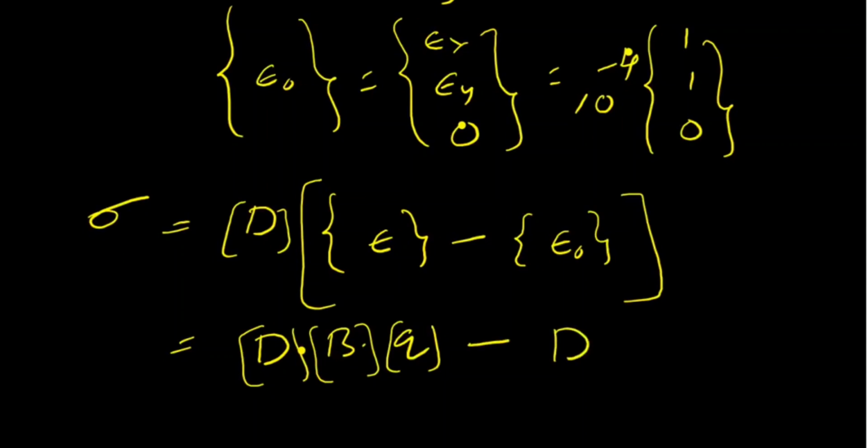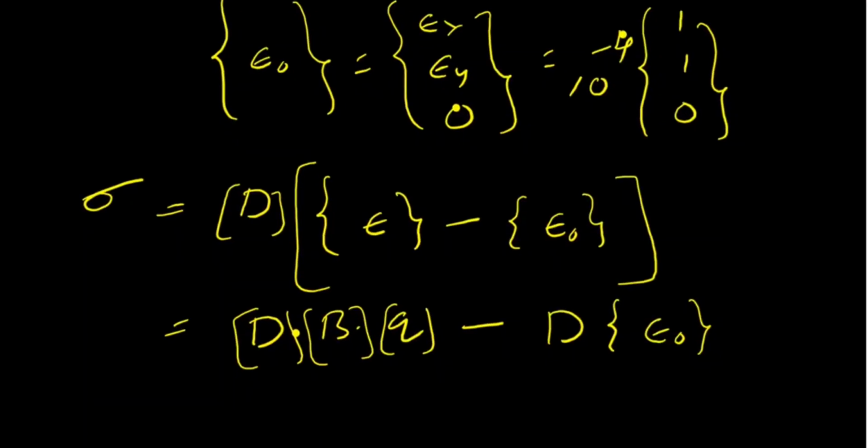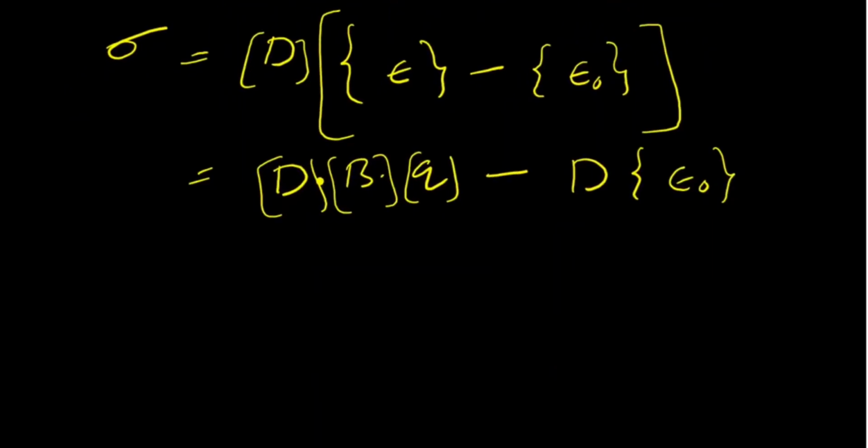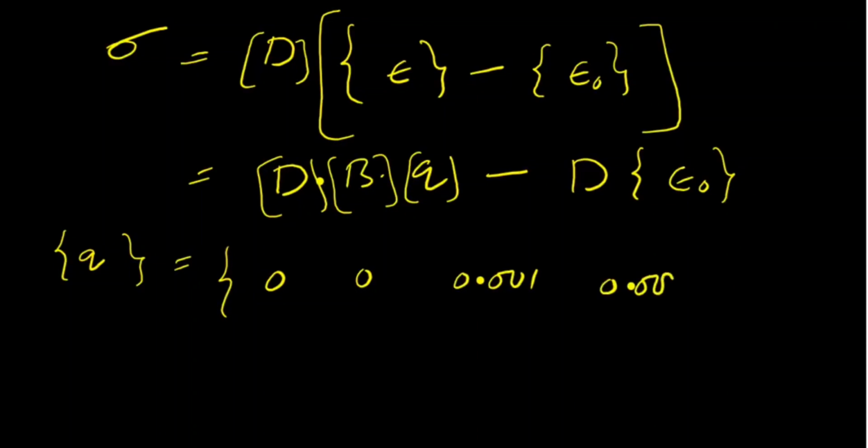Now you just substitute what D, B and Q are. Q is in the question, but anyhow I will write it. Q is the displacement vector, Q1, Q2, Q3, Q4, Q5, Q6: Q1, Q2 as 0, 0, Q3, Q4 as 0.001, 0.002, and then minus 0.003 and 0.002.